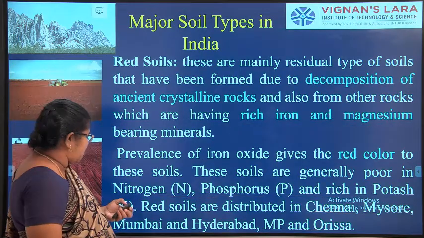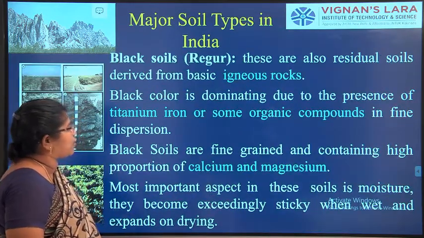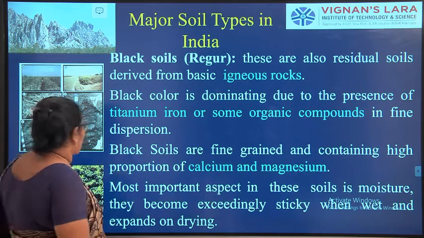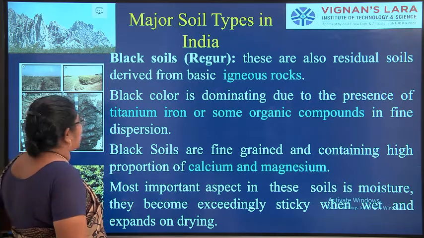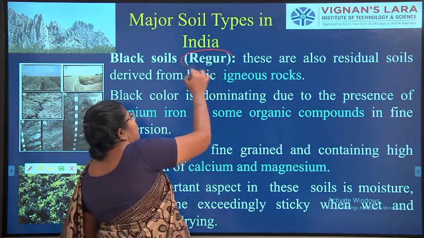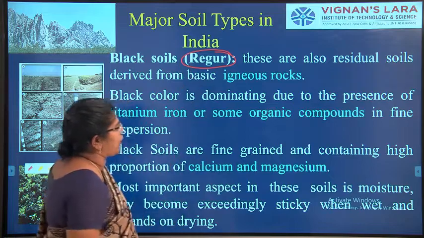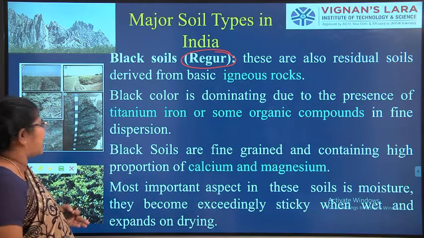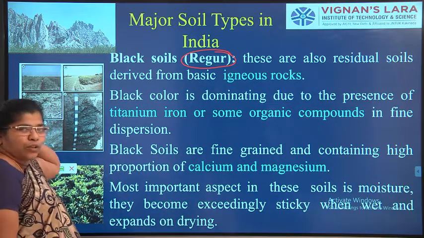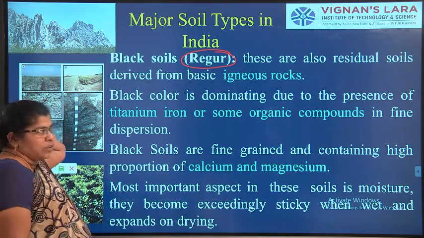The next type is the black cotton soil, or black soil. It is also called Regu soil. In olden days it was called Regu soil, but the name black cotton came into existence, so we call it black cotton soil.